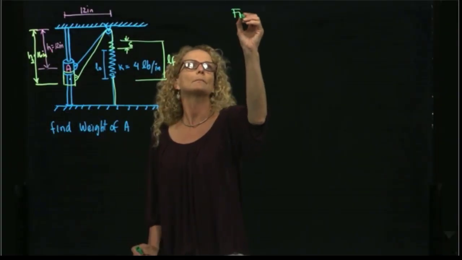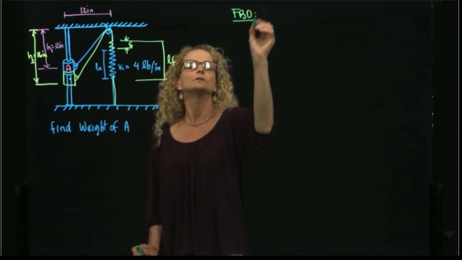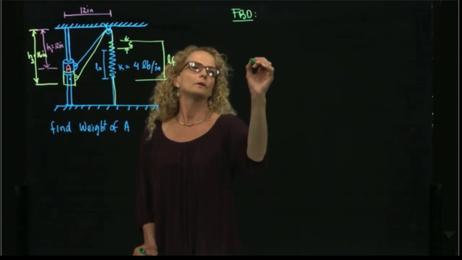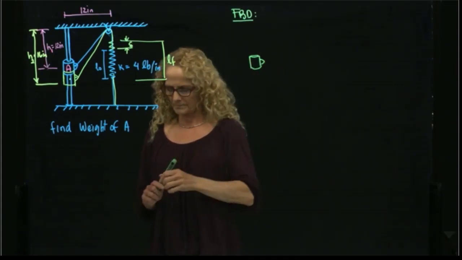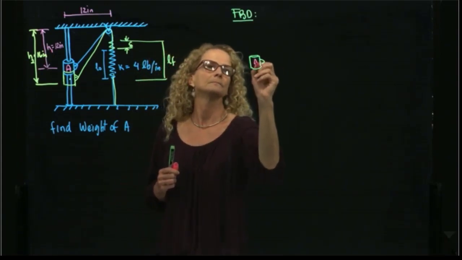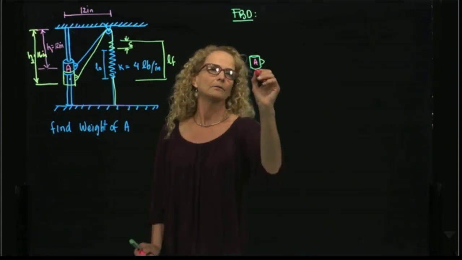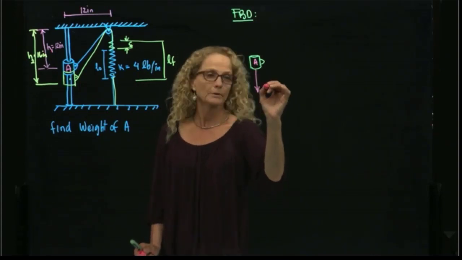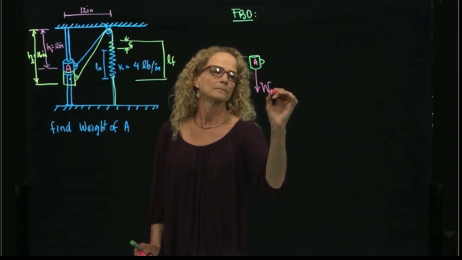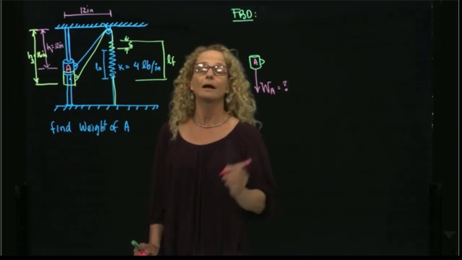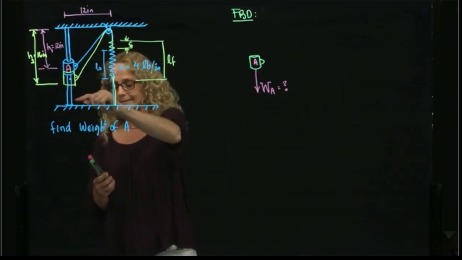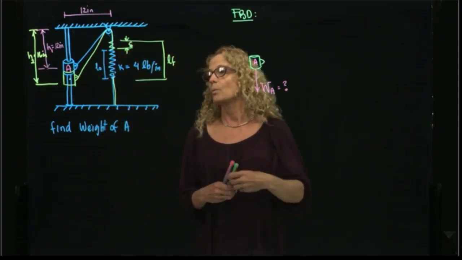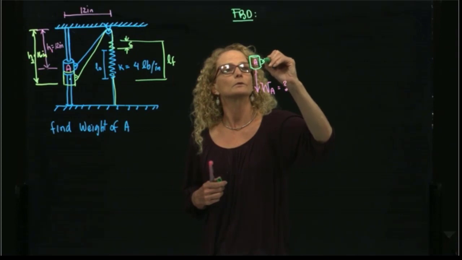The free body diagram, that's always our first step. We will do the free body diagram of the coil A, right? We have the active force, which is the weight of A, in this case, is an unknown. And as you see, we have this tension over here, which is a reactive force.